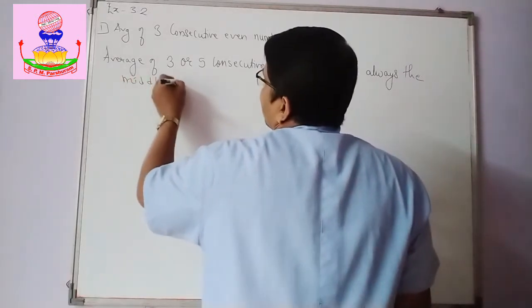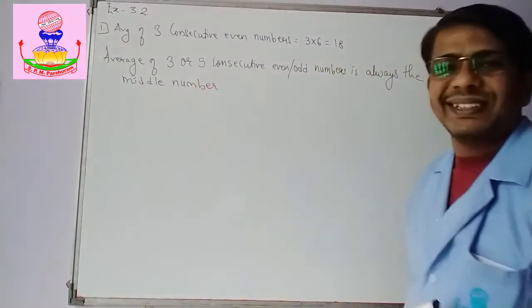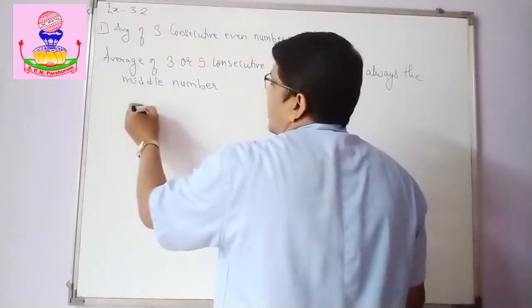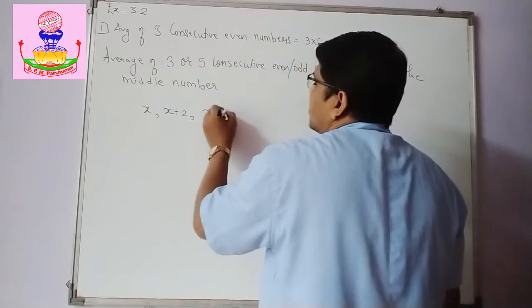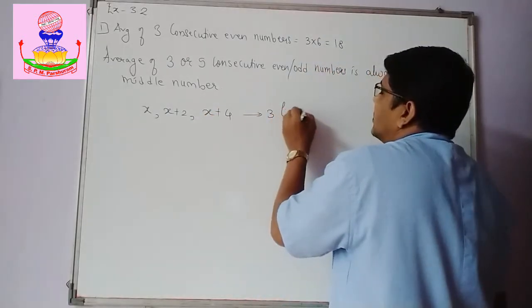Okay? So I have got here 3 consecutive even numbers. So suppose x, x plus 2 and x plus 4. These are 3 consecutive even numbers.